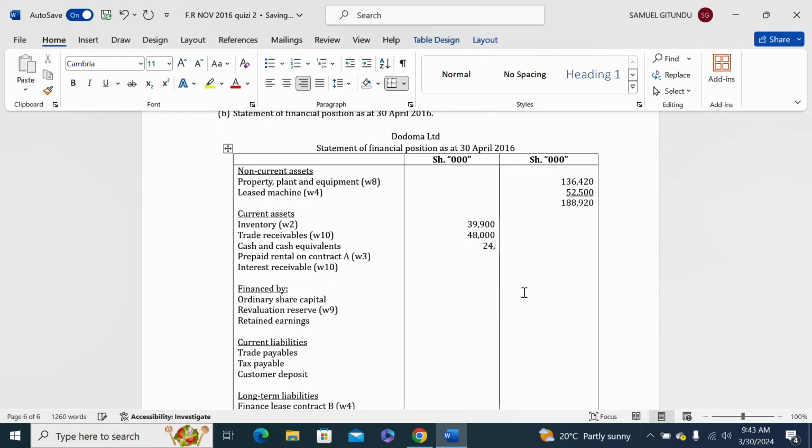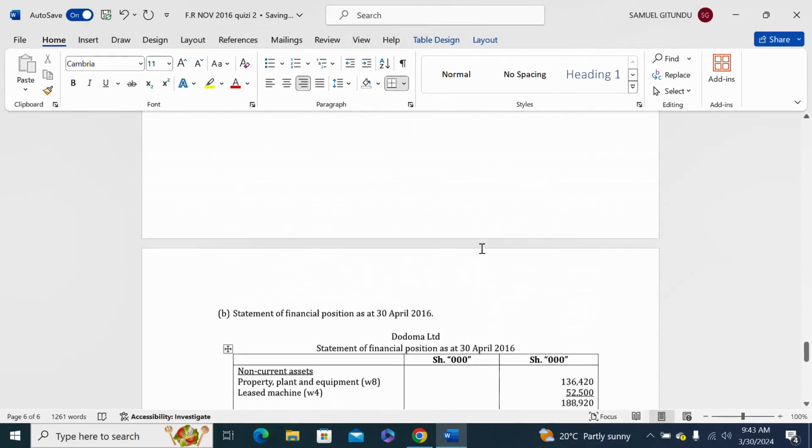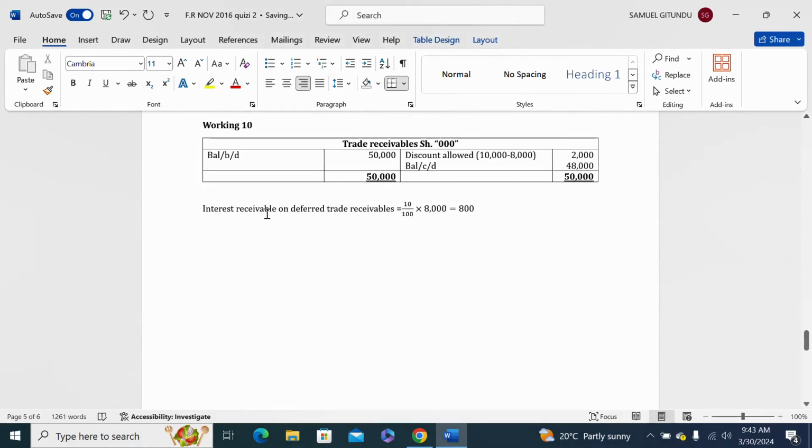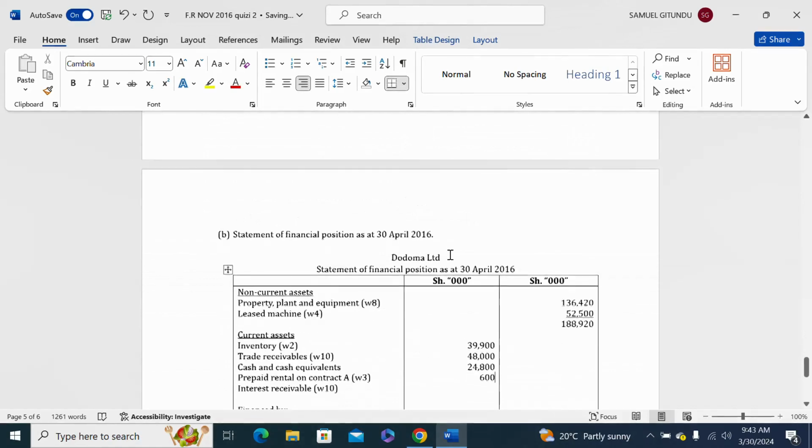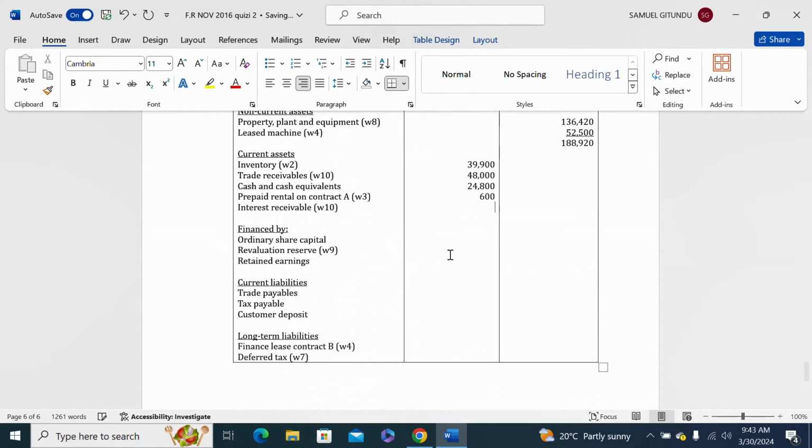Then we have the prepaid rent on contract A, that is 600. Then we have the interest receivable on the trade receivable in our working note number 10, that is 800.